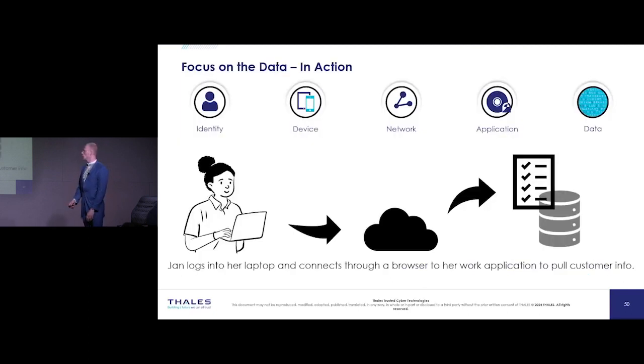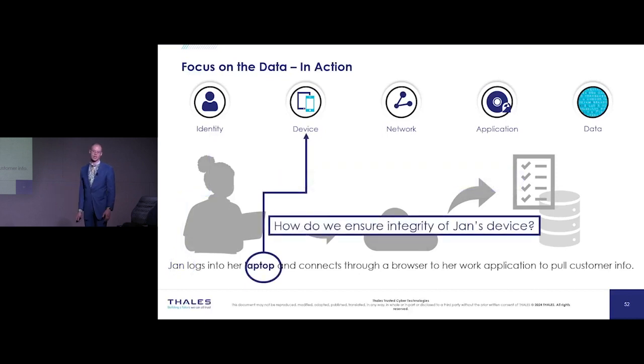And we can illustrate this a little if we take a step back and look at a basic transaction that might happen over a network. So here we have Jan. She's going to log into her computer and access a web application over her browser to get some customer data back. When we talk through each of the pillars, there are some questions that we're going to ask. The first is, how do we validate Jan's identity?